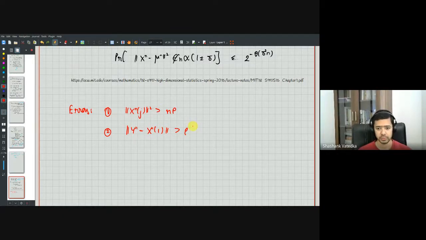This is essentially similar to saying that xn of 1 and yn are not jointly typical.